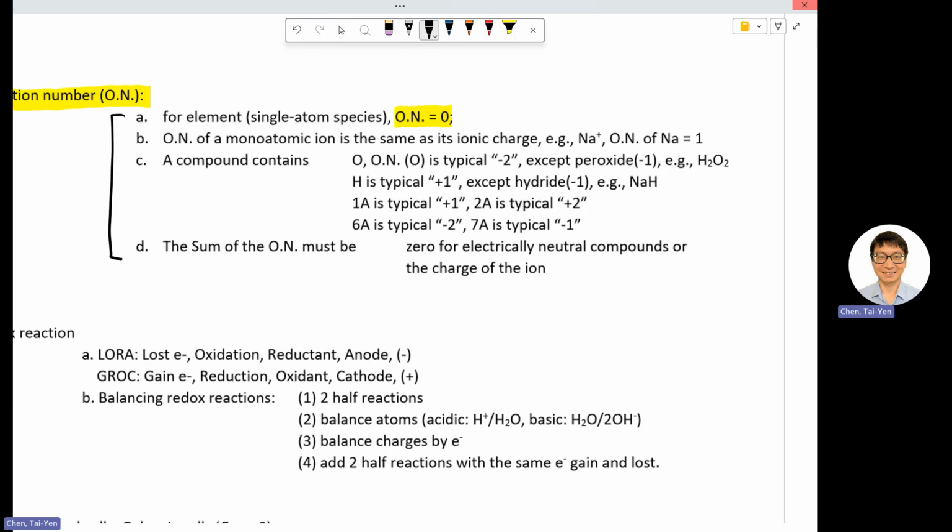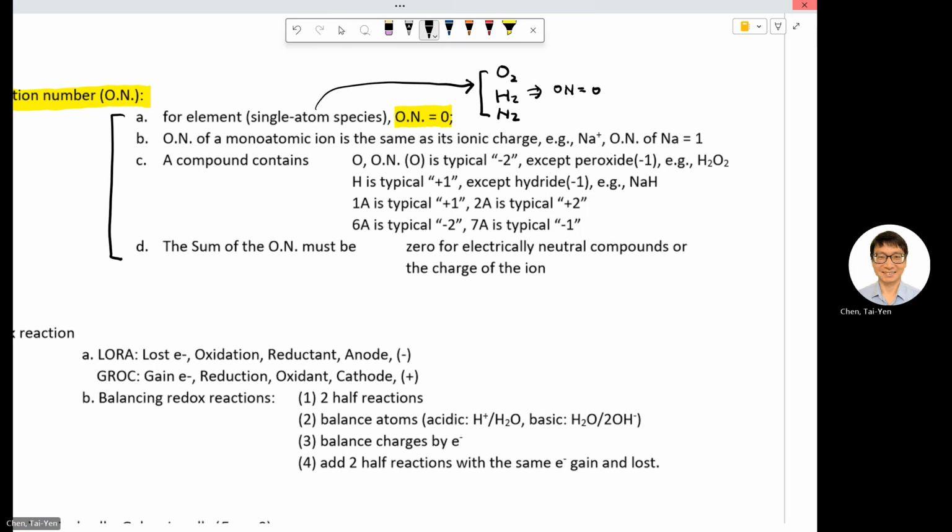For example, O2, H2, and N2. All these species are single element species. Therefore, for all these three, the oxidation number will simply equal 0.